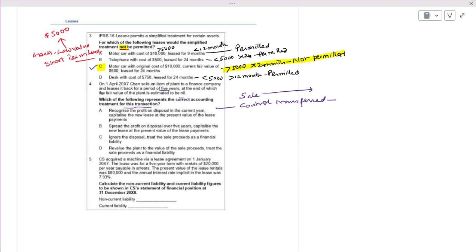Tell me. See, they have sold an item of plant to a finance company and leased it back for a period of 5 years. They have sold it, and taken it as a loan. It is representing a loan. Here control has been transferred.